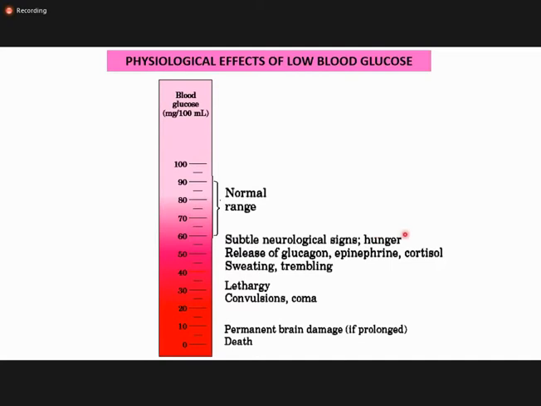For example, some patients on insulin, if they skip their meal, the blood glucose concentration rapidly goes below 60 milligrams, leading to a hypoglycemic attack, because they have not taken their meal and they are on insulin treatment. So in this condition, there may be higher chances of hypoglycemia. But this hypoglycemia is not possible in a normal adult.